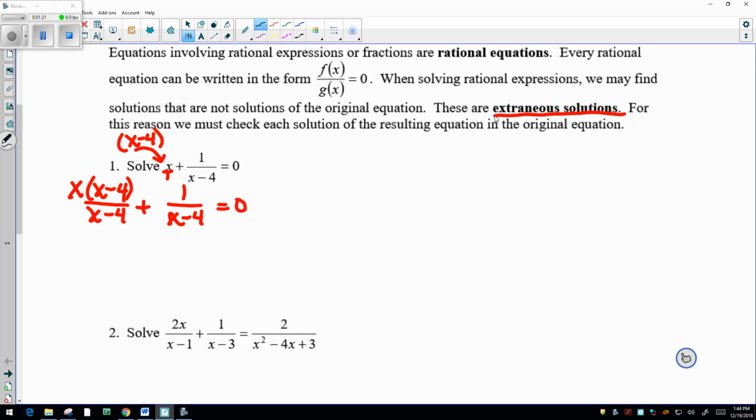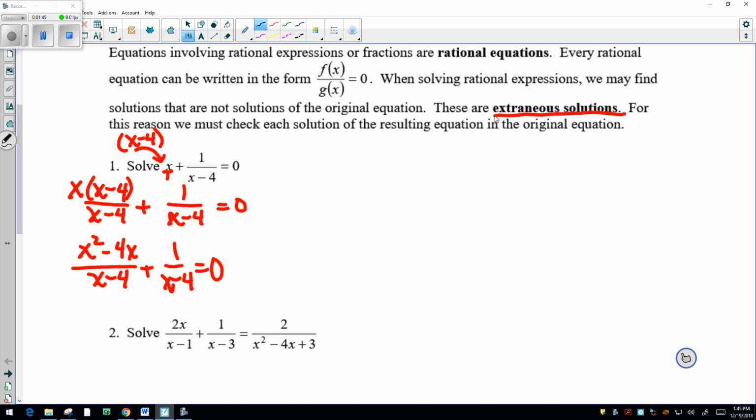So we're going to simplify these. So distribute that first fraction. So we're going to have x squared minus 4x. And I'm not doing anything with the second fraction. And now once the denominators are the same, I can combine the numerators.